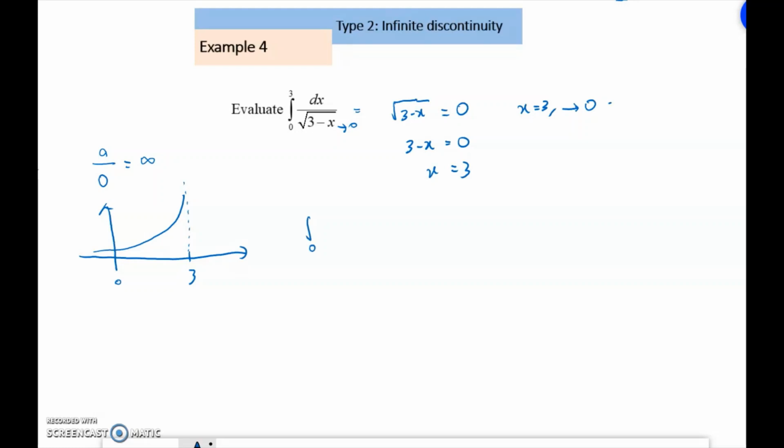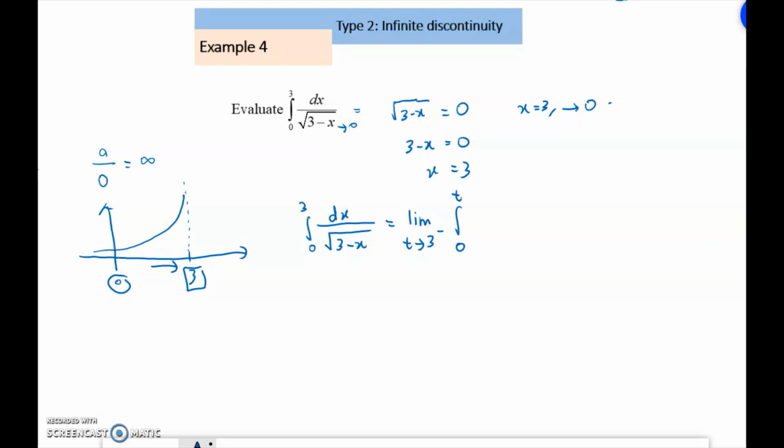So here we can solve this type 2 integral, where this will be the limit from 0 up to t, where t is approaching 3 from the left.